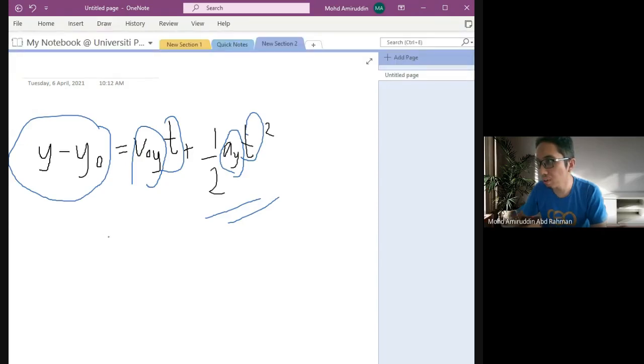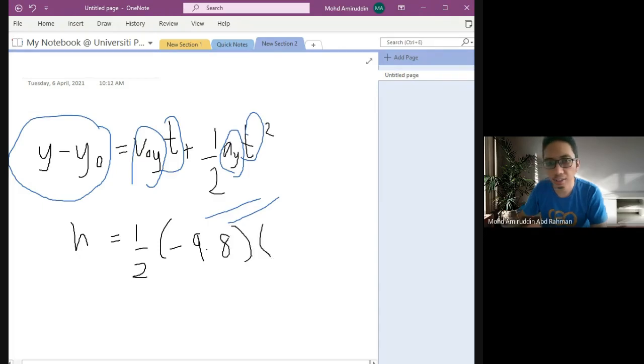So basically the height will be equal to half times minus 9.8, and then t, so t is 0.35 squared.